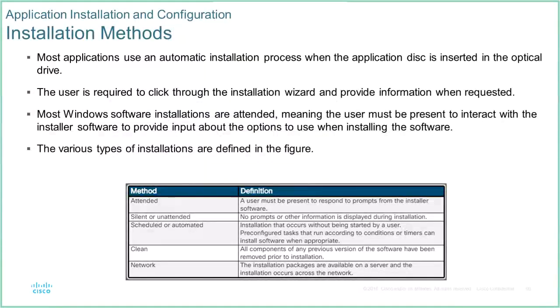An automated installation is where we start it and we have a set of pre-configured settings, and it works off that script. Clean install means all the previous versions of the software have been totally removed and it is giving you a fresh install. And the last option there is to install over a network.